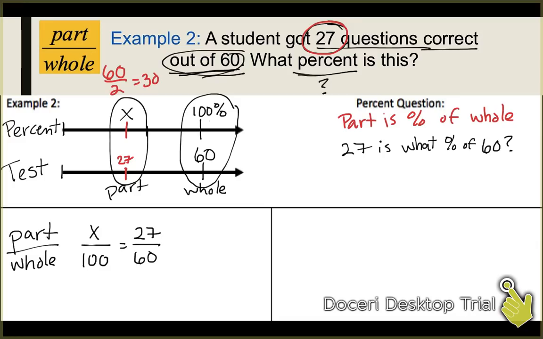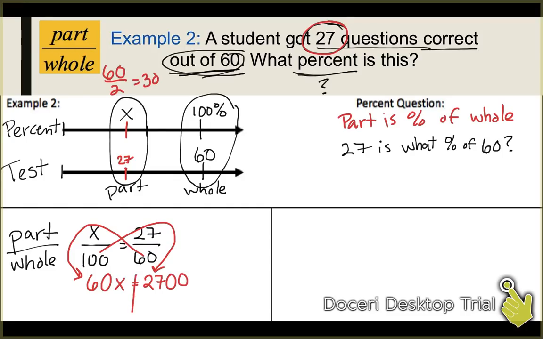We can use the heart method or the butterfly method, and we do 60 times 100 to get 60 times x to get 60x. And now we can do 100 times 27, and if I put that in the calculator, I get 2700. Okay.